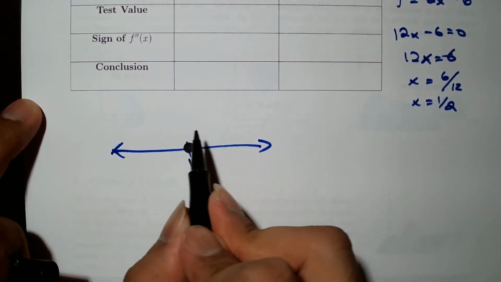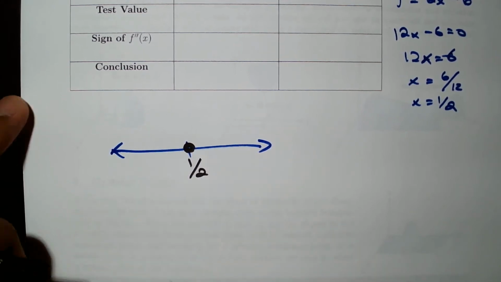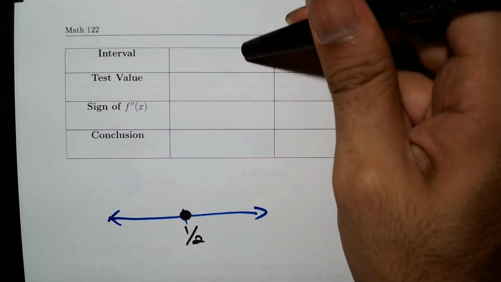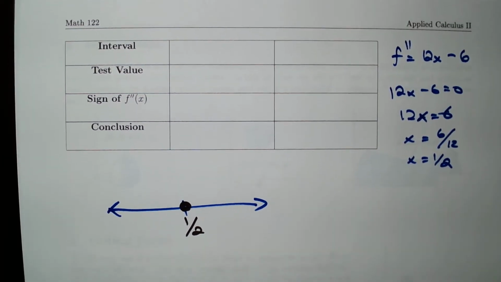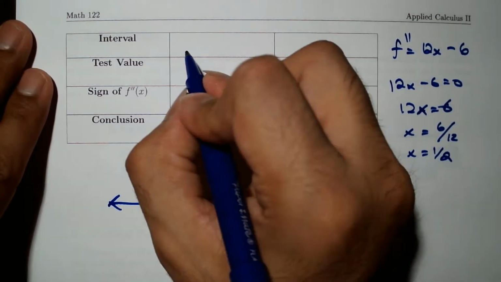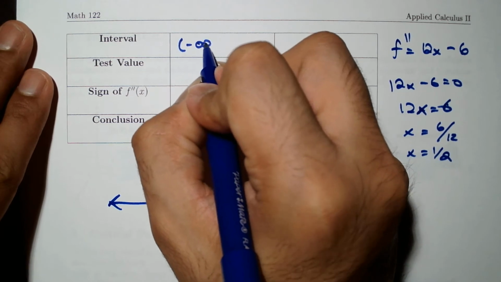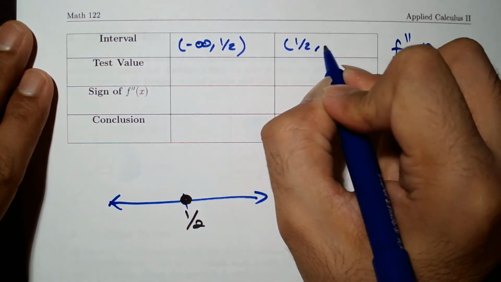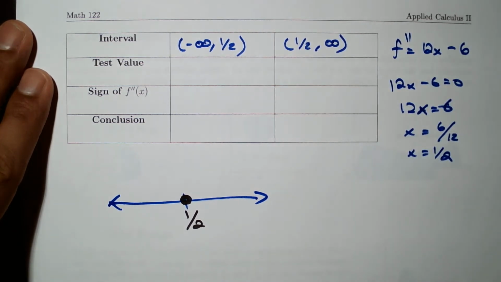This gives two intervals to test, and I already set the table for you. The first interval is negative infinity to 1/2, and then 1/2 to positive infinity.